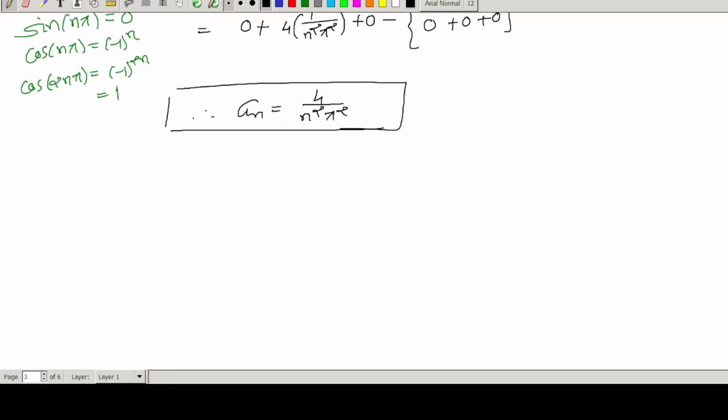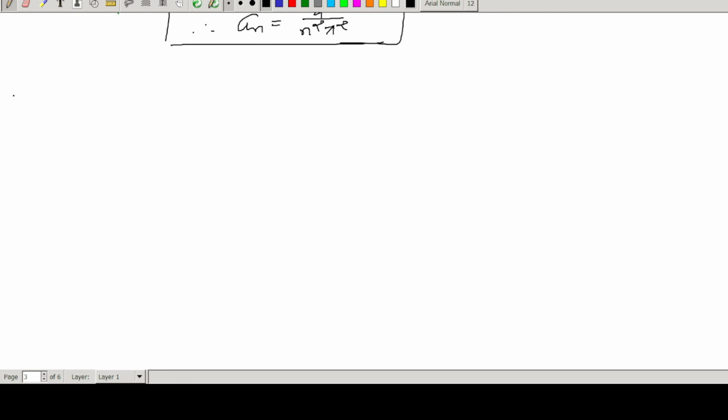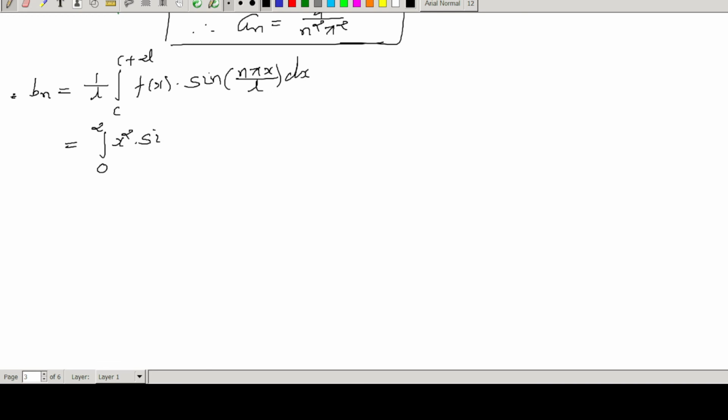Now let us evaluate bn. What is the formula for bn? 1 upon L integration over c to c plus 2L f of x into sine n pi x upon L dx. Right? L equal to 1, the domain is 0 to 2, f of x is x square, so this is x square into sine n pi x dx.